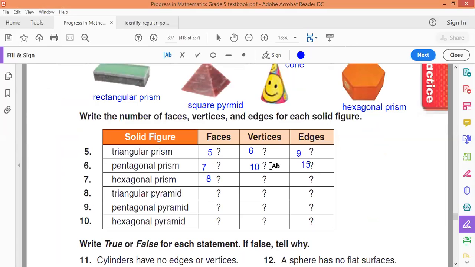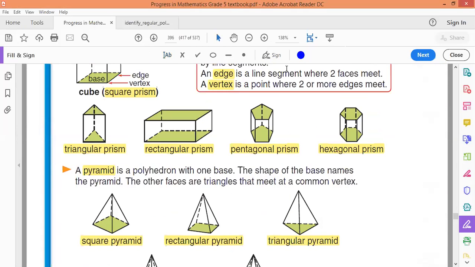Vertices. What is vertices? It's a corner. Now let's count. 1, 2, 3, 4, 5, 6.